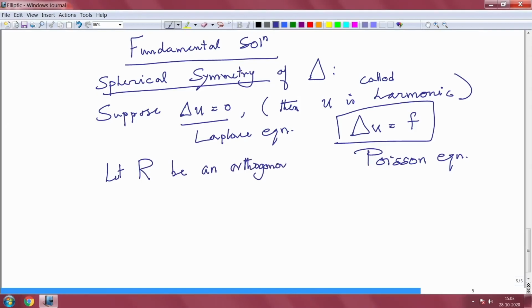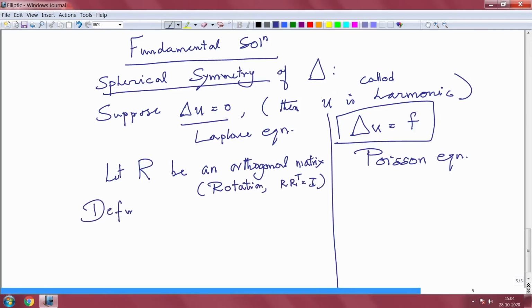Orthogonal means R R transpose equal to identity. Define V of x equal to U of R x.